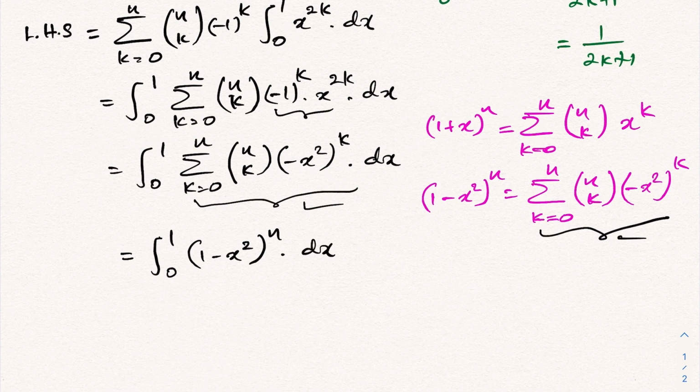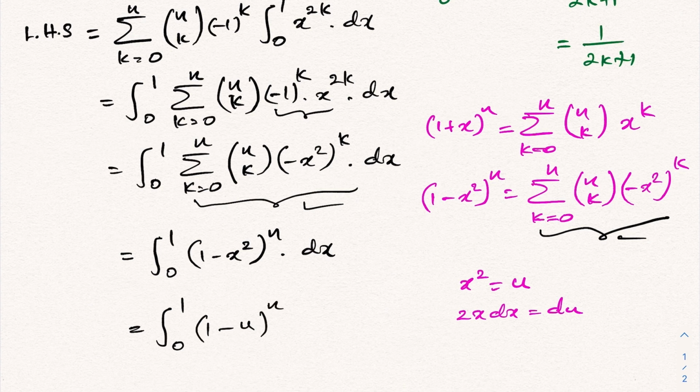Okay, then we have to evaluate an interesting integral. To solve this integral we can take a substitution: x^2 = u. If we differentiate, 2x dx = du, so we can plug in the limits. We have 0 to 1, (1 - x^2) becomes (1 - u), so (1 - u)^n, and dx is du over 2x, where we can isolate x as u^(1/2).